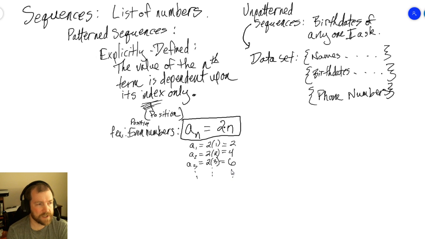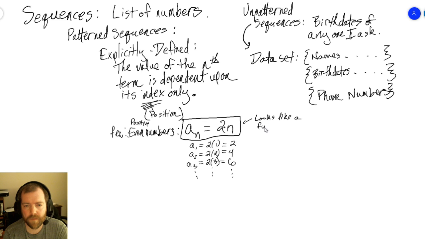Now, it doesn't have to be this simple. It could be something really complex, a big, ugly function. But most of the time, it's going to be pretty functional. It's going to look like some sort of function f of n that we've seen before.